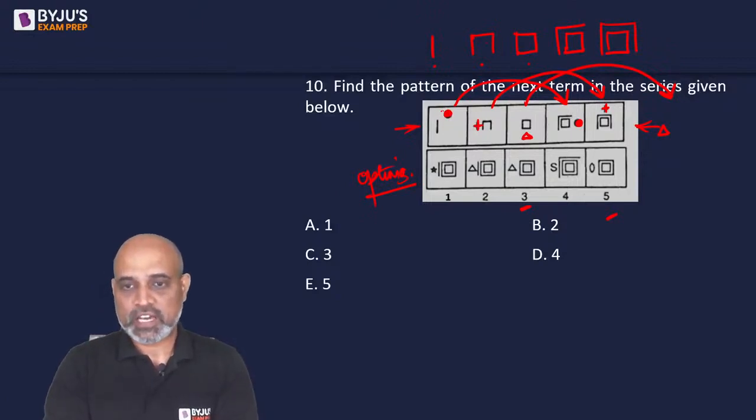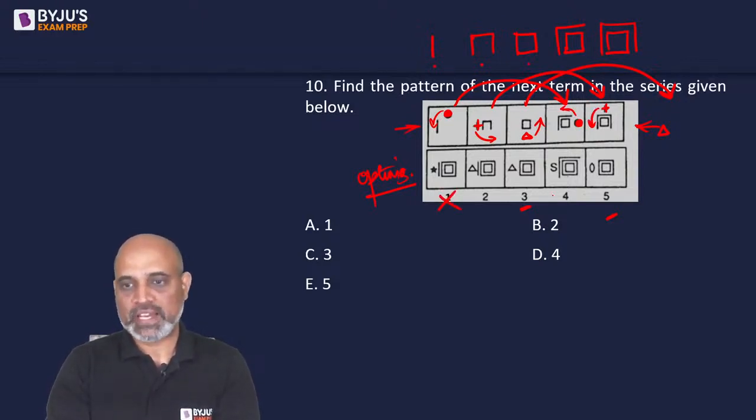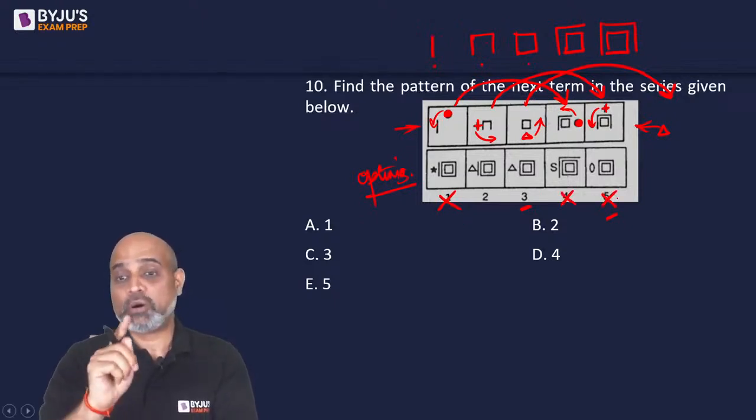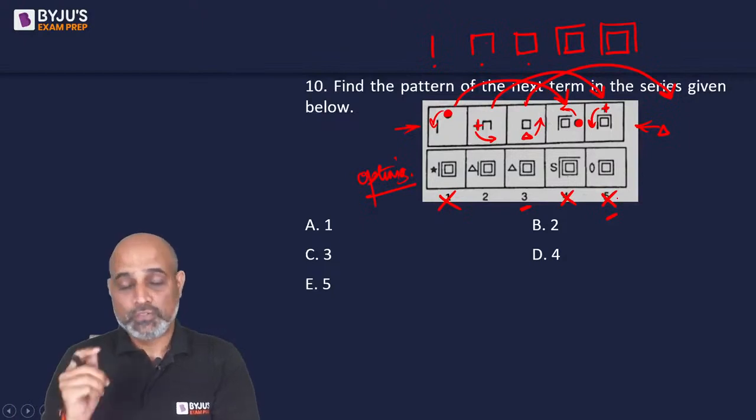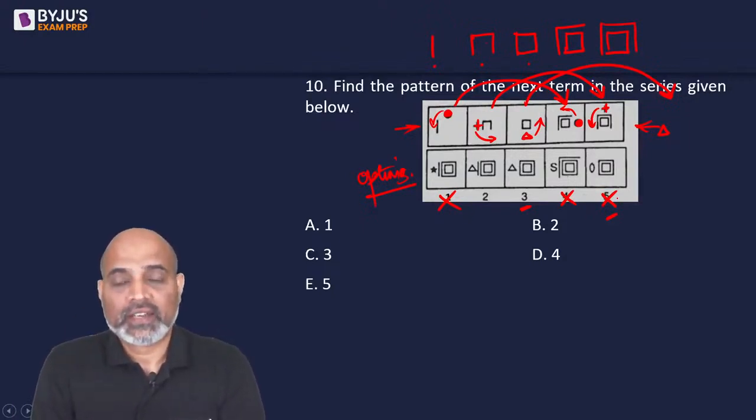Because these shapes are moving anti-clockwise direction. तो अब triangle आएगा west पे. So triangle is going to be at the west side. So first, fourth and fifth will not make sense. Now between second and third, which one is going to happen? Anyone?